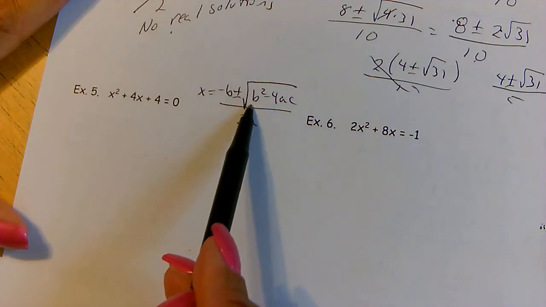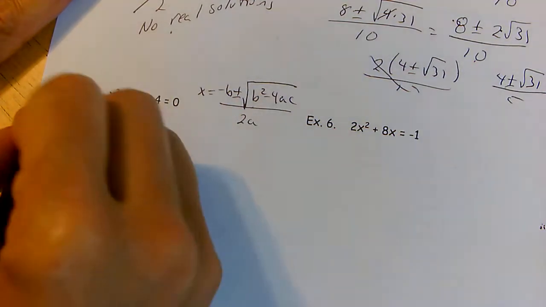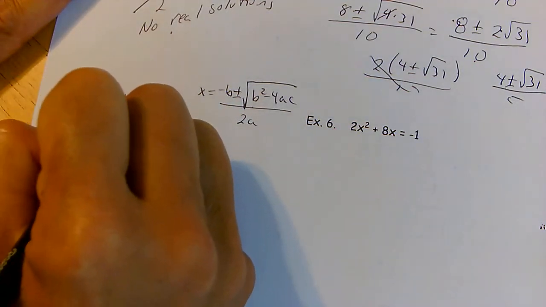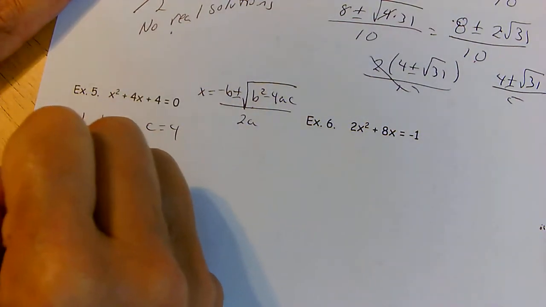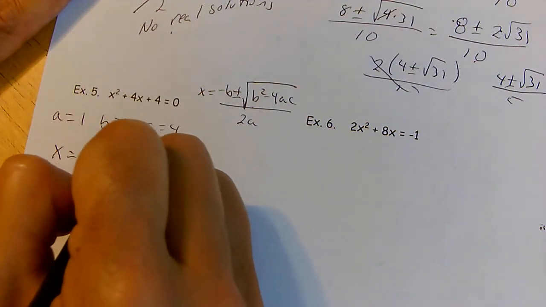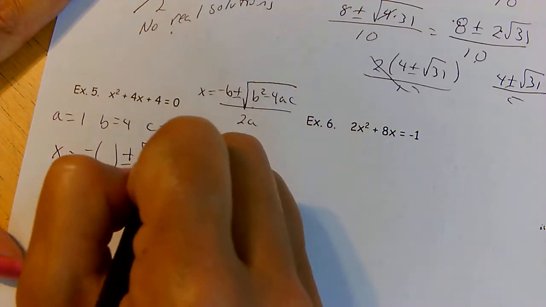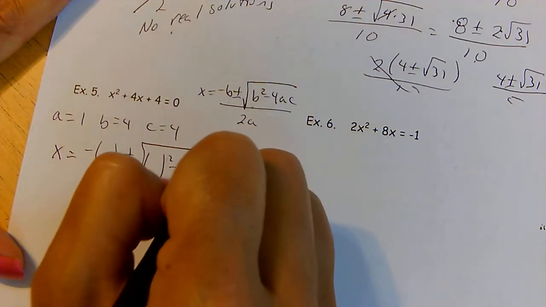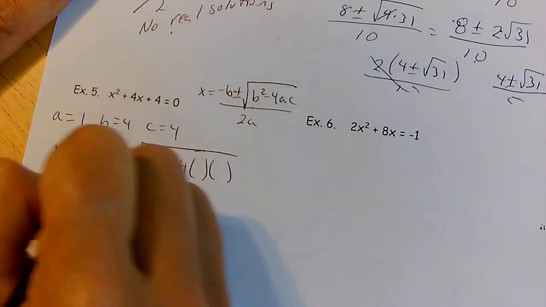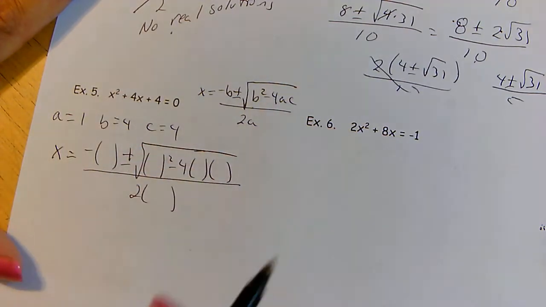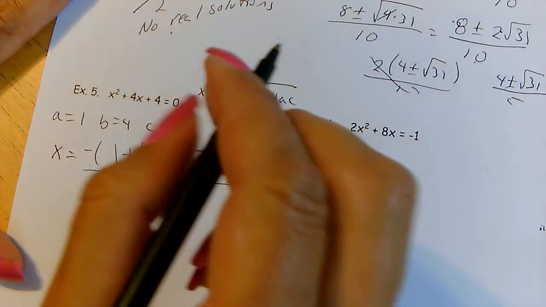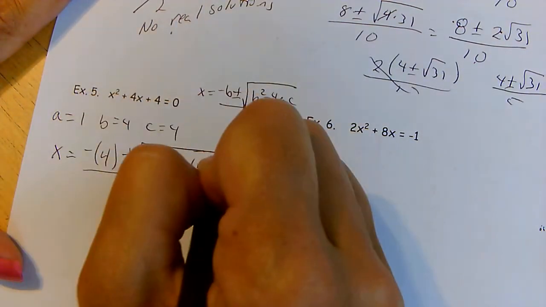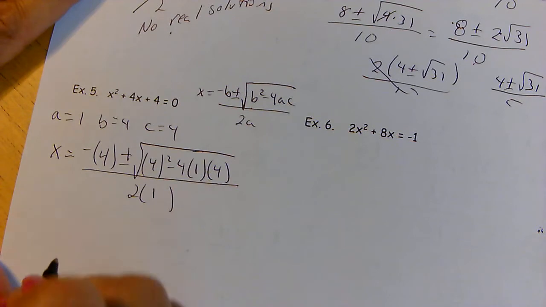Continuing to solve with the quadratic formula, it's in standard form. Rewrite my formula. A is 1, B is positive 4, C is positive 4. Simplify.